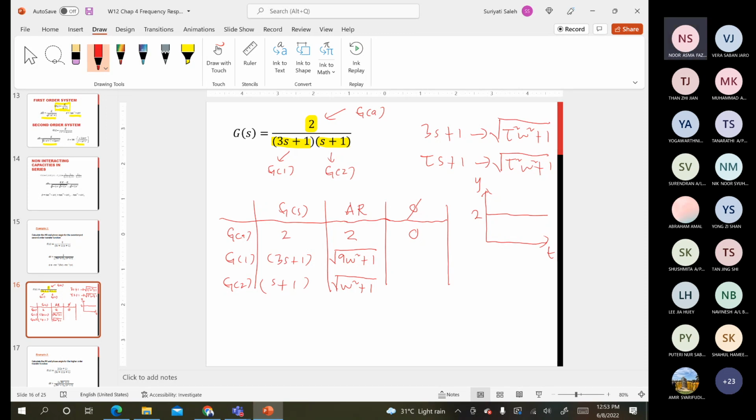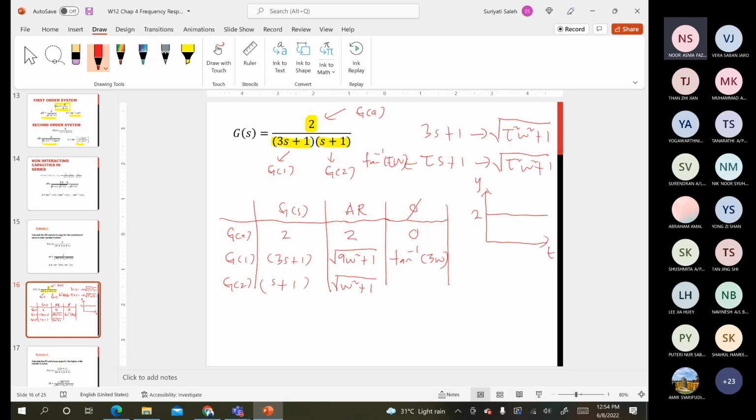And when you have the 3s plus 1, this contributes the inverse tangent 3w. Normally for tau s plus 1, your phase angle is inverse tangent tau w.